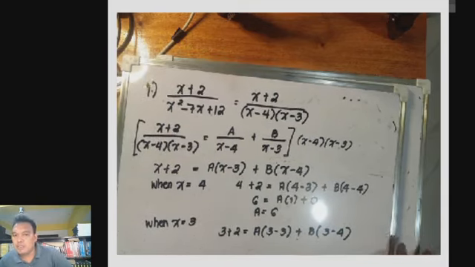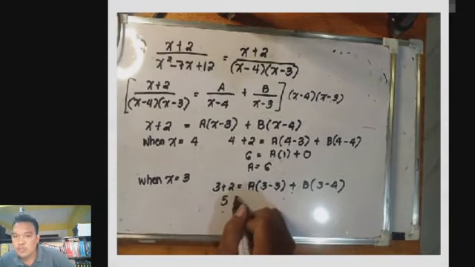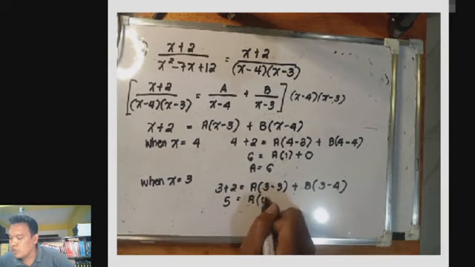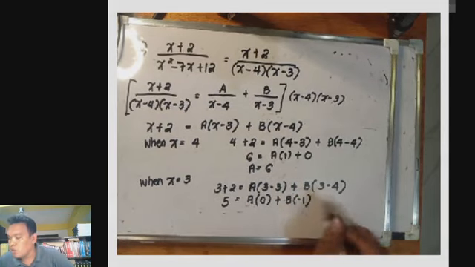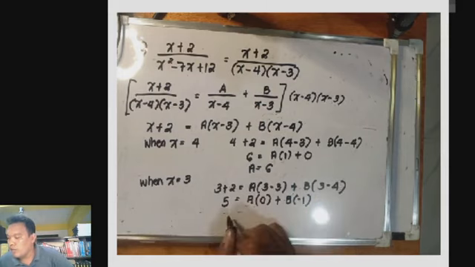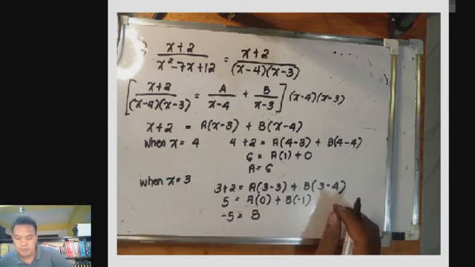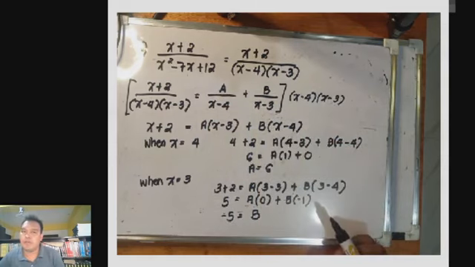Therefore, lalabas na value, we have 5 is equivalent kay A times 0 plus B times negative 1. Kasi nga, 3 minus 4 is negative 1. So, lalabas, we have negative 5 is equivalent kay B. Okay? So, A will be 6 and B will be negative 5. No? Based dun sa computation natin.